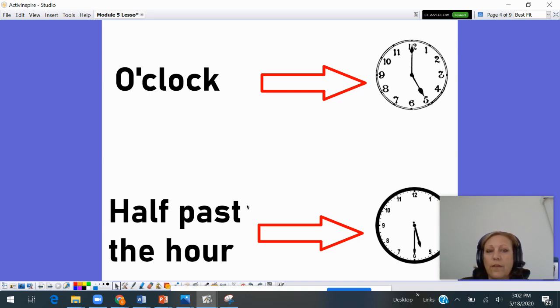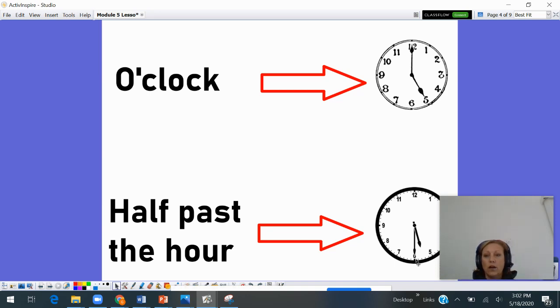Now today we're really focusing on half past the hour. So you'll see that the long minute hand is pointed to the 6. Every time we have a 30, 4:30, 5:30, 6:30, the long hand is going to be at the 6. Now you'll see the 5, and it's half between the 5 and the 6.